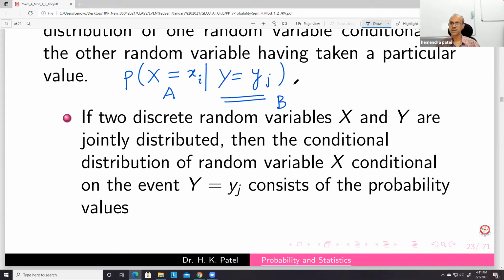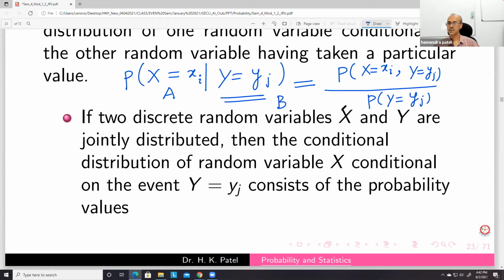So what should be the result? The result will be P(A intersection B), here we write x is equal to xi and y is equal to yj. This is the numerator, and then the denominator, the condition's probability comes, that is P(y is equal to yj). All right, so this is the conditional probability.